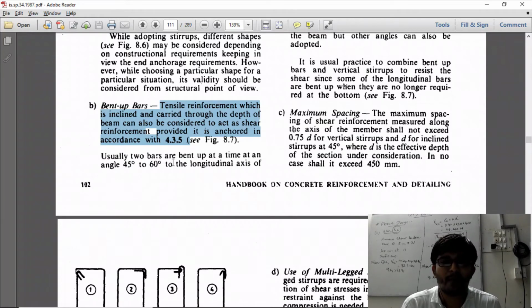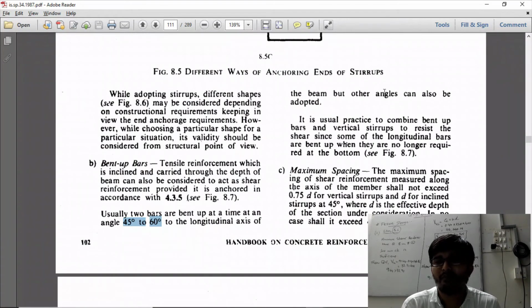Usually two bars are bent up at a time at an angle of 45 to 60 degrees to the longitudinal axis of the beam, but other angles can also be adopted. It is usual practice to combine bent up bars and vertical stirrups to resist the shear, since some of the longitudinal bars are bent up when they are no longer required at the bottom. So both the systems are applicable.